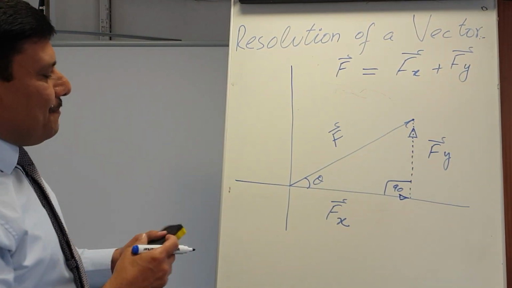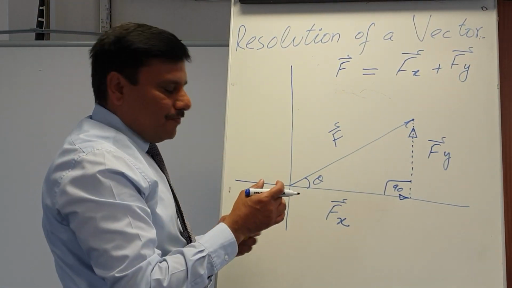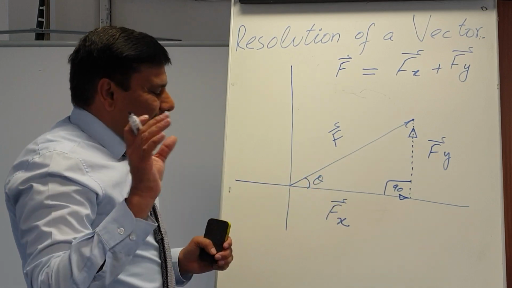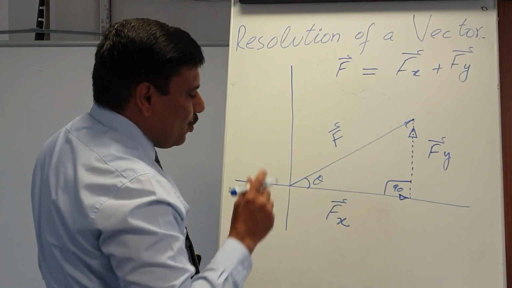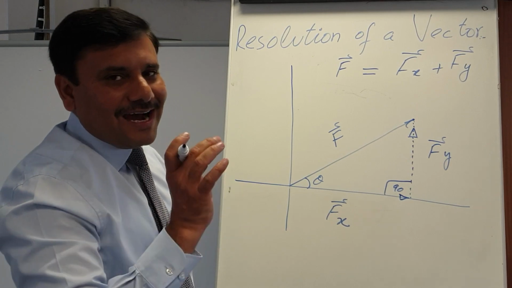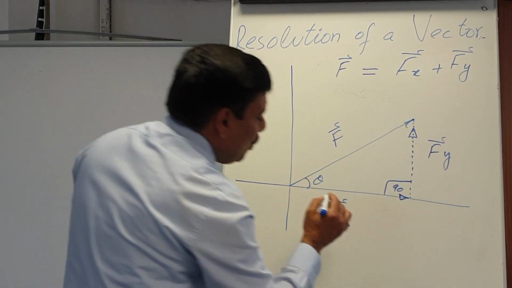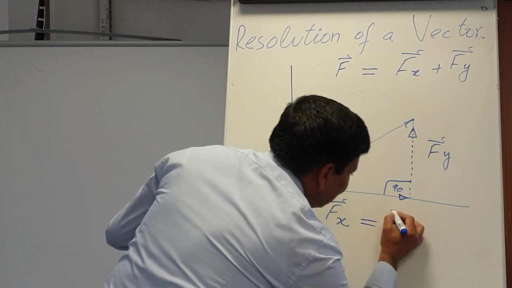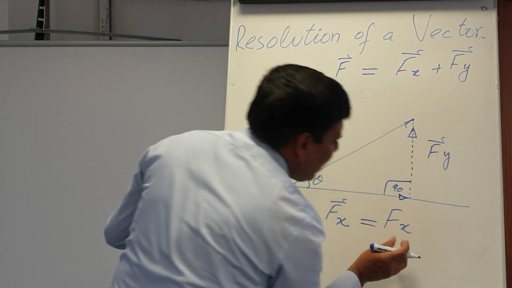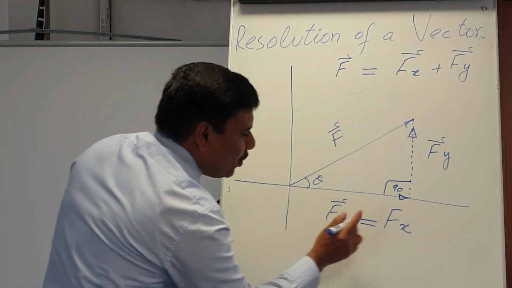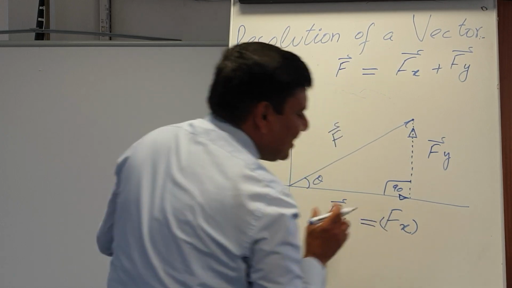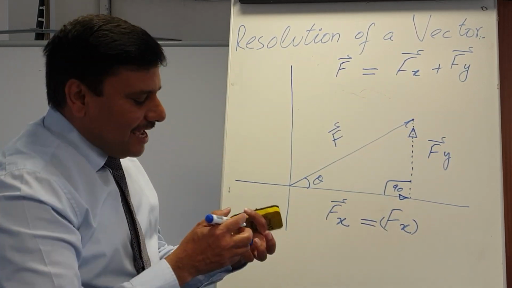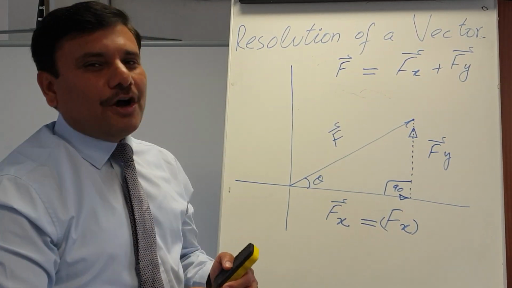Now, our next step is to find its value. You know, a vector has two things. One is its magnitude and the other is its direction. So, Fx has a magnitude equal to Fx. Its magnitude will be represented by Fx. But what about its direction? Its direction is very obvious.